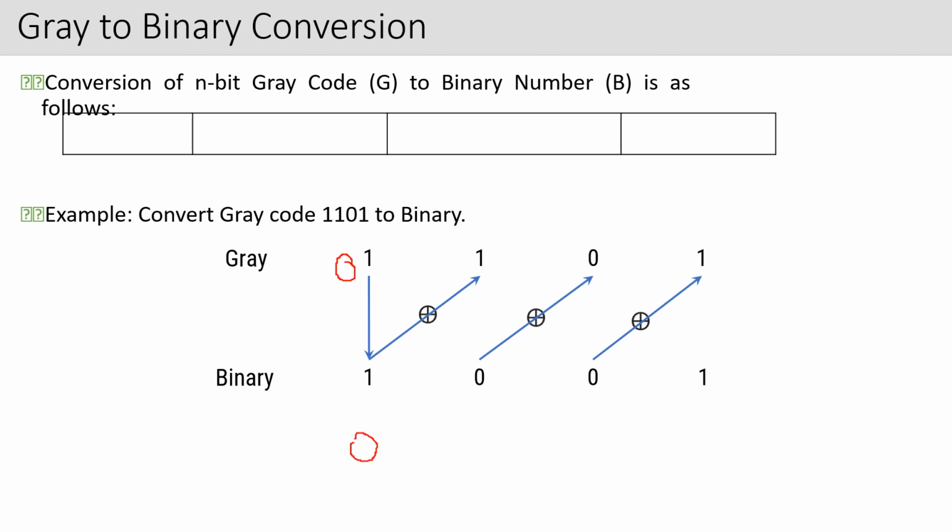Then you'll have to do like this. 0 1 gives 1. Then 1 0 gives 1. Then 0 1 gives 1. So the answer would have been like this. Okay, so this is how to convert a gray code into a binary code.